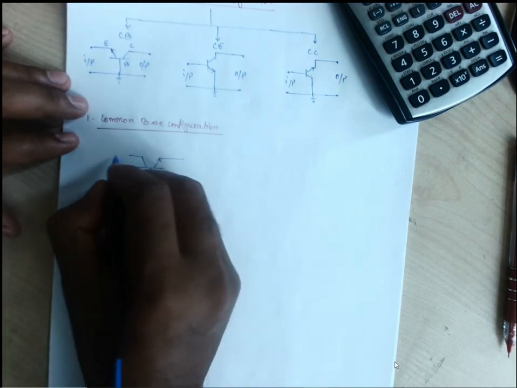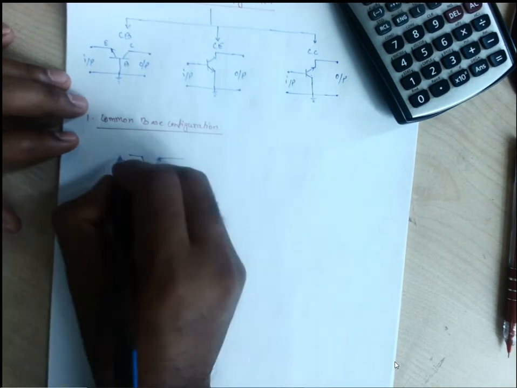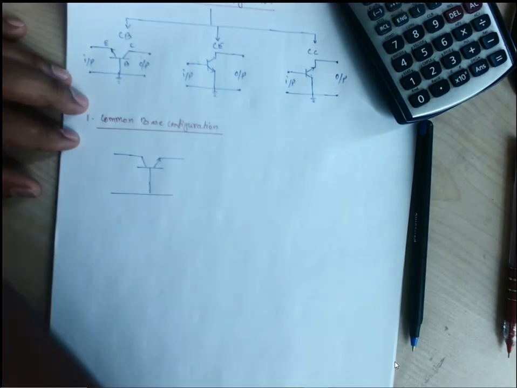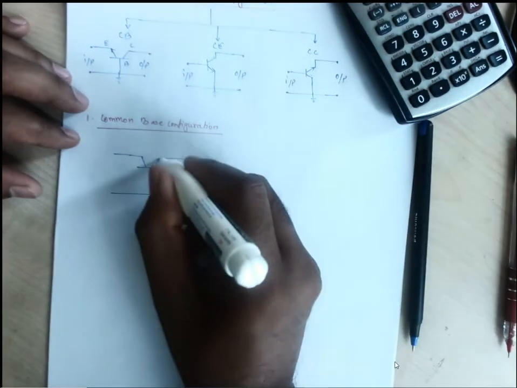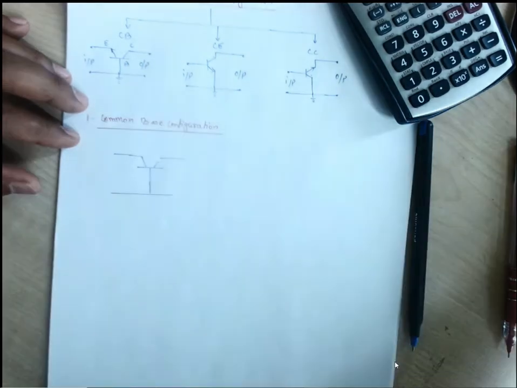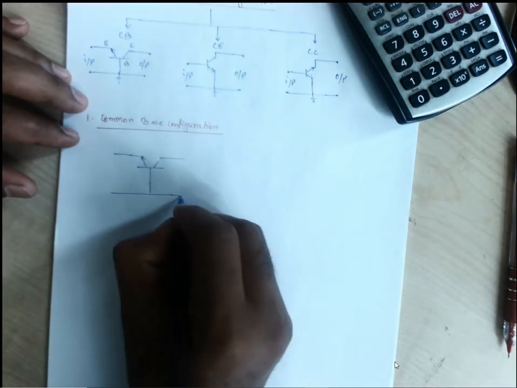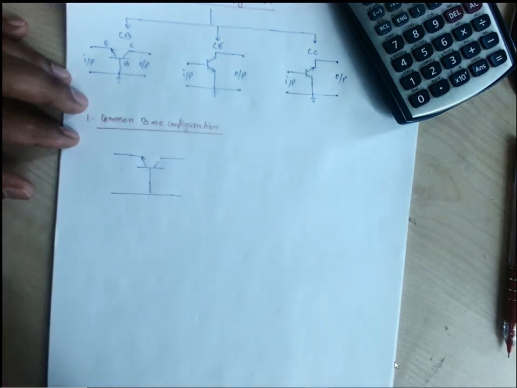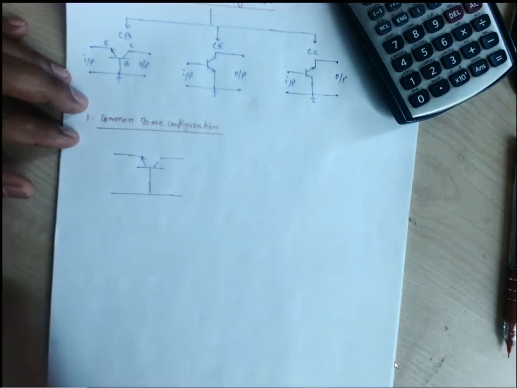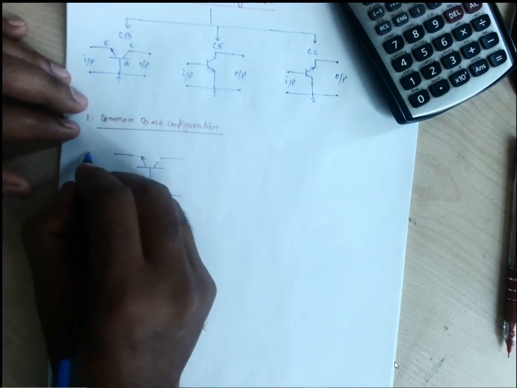We are going with the, sorry, that will be the input side. That will be our input, that will be the output. So we need to take certain load. Let us consider some load has been connected here.